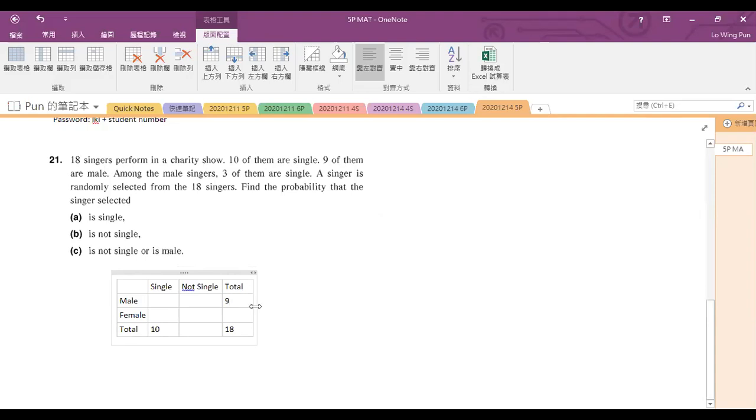Among the male singers, 3 of them are single. That is, among these 9 male singers, 3 are single. Okay, 3. Then a singer is randomly selected from the 18 singers. The numbers given are already filled in, right? So let's calculate the other cells we haven't filled in. Do you understand how I get this table?